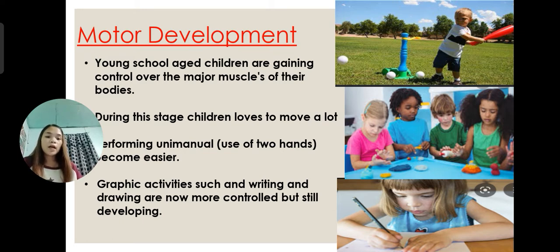So there are enjoyable life activities, as these motor skills are already developed, because this stage is closely tied to movement and play. Children love to move a lot, like jumping, and whatever activities they do to have fun.